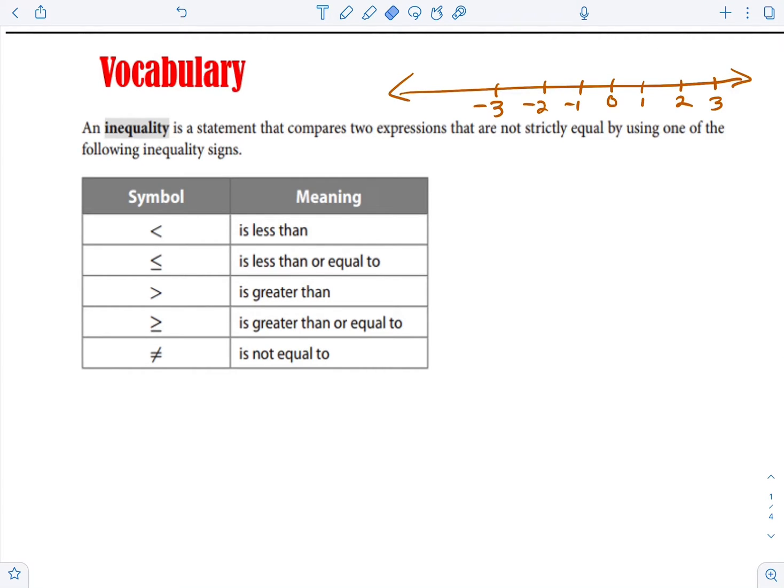And then less than or equal to, we already said, is when it's equal to the number and less than. And then we have greater than or equal to. We're pointing to the right. Not equal to is just an equal sign with a slash through it. All right, commit these things to memory.